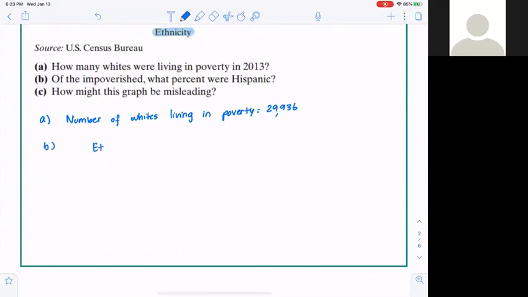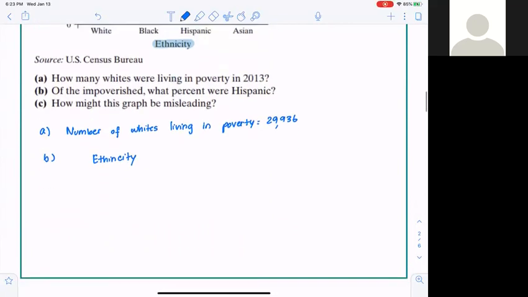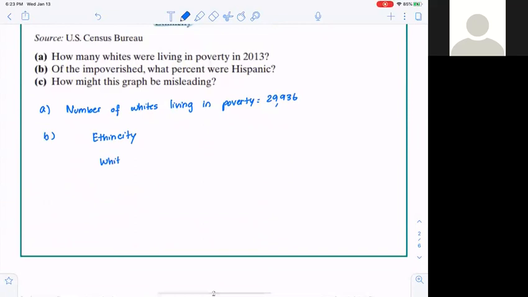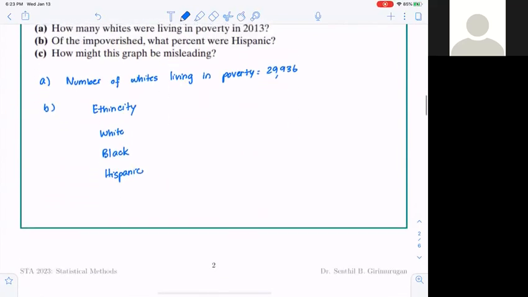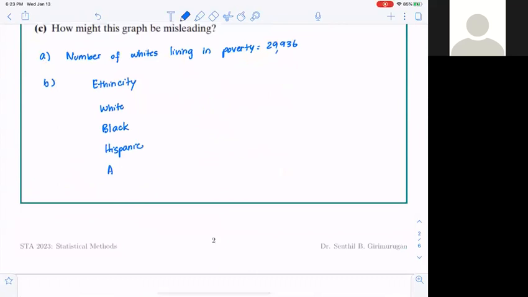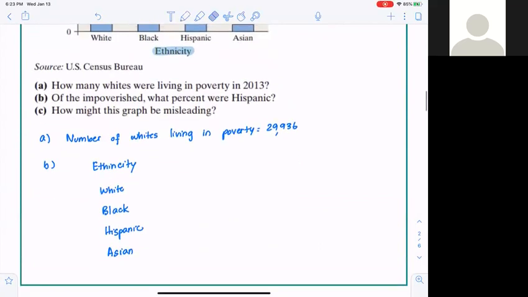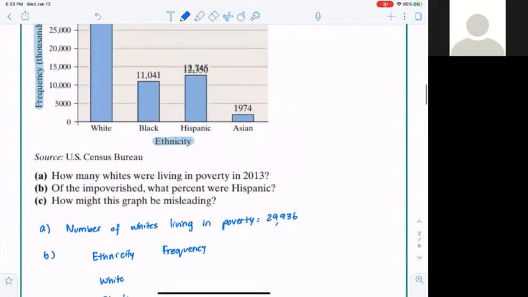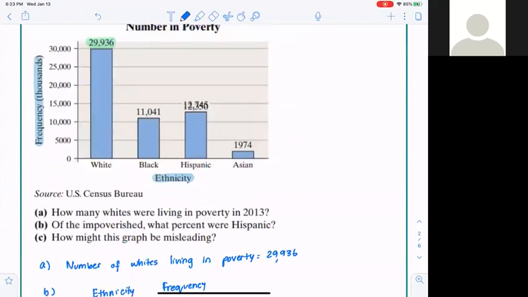So we have ethnicity: white, black, Hispanic, and Asian. We have the frequency that is listed to us for each case.